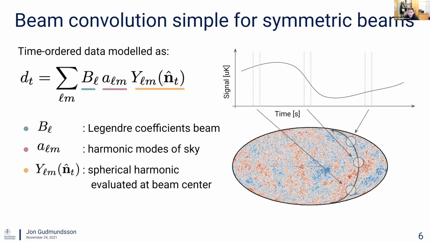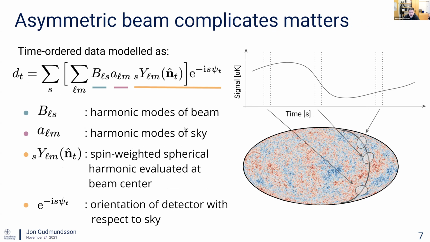And so for an azimuthally symmetric beam, this data model is really simple to compute because we don't care about the scan strategy. Well, we don't care about the orientation of our beam. So these beams are azimuthally symmetric. Now, when the beam becomes elliptical or has some aspect to it that breaks this azimuthal symmetry, things get a little bit more technical. This is the expression that roughly captures what's going on then.